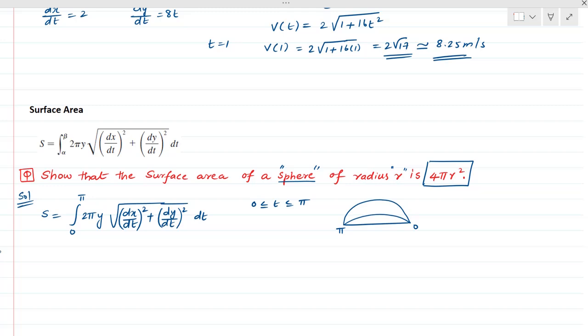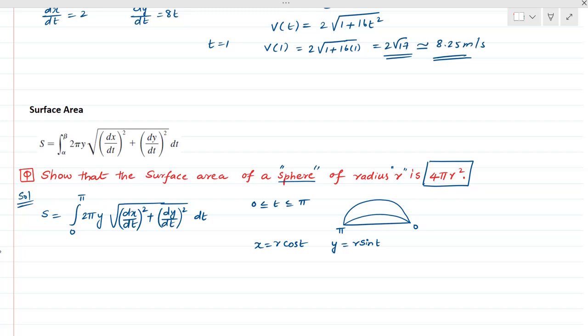Now we have to take the circle equation. What is a circle parametric equation? You have x equals r cosine t, y equals r sine t. This is the polar form of a circle. So the parametric equation of a circle is this one.